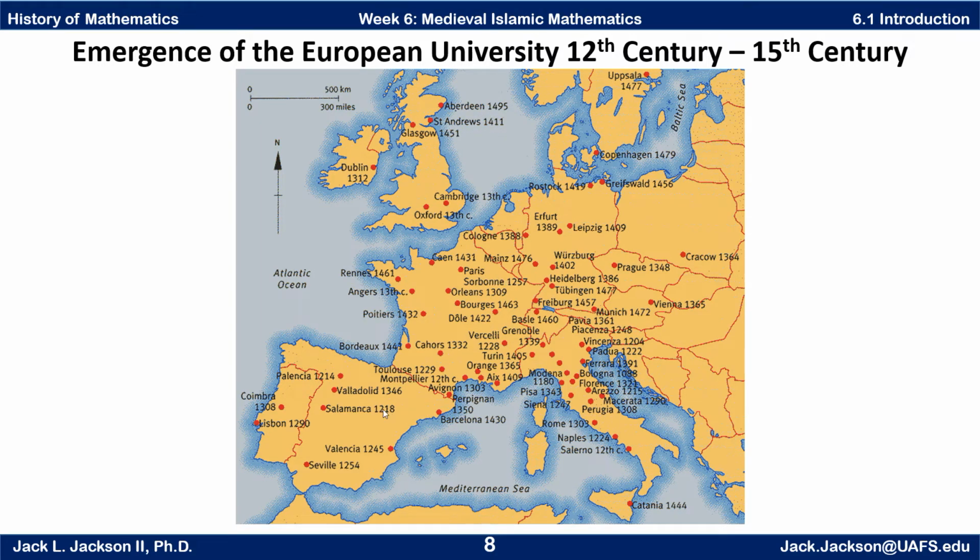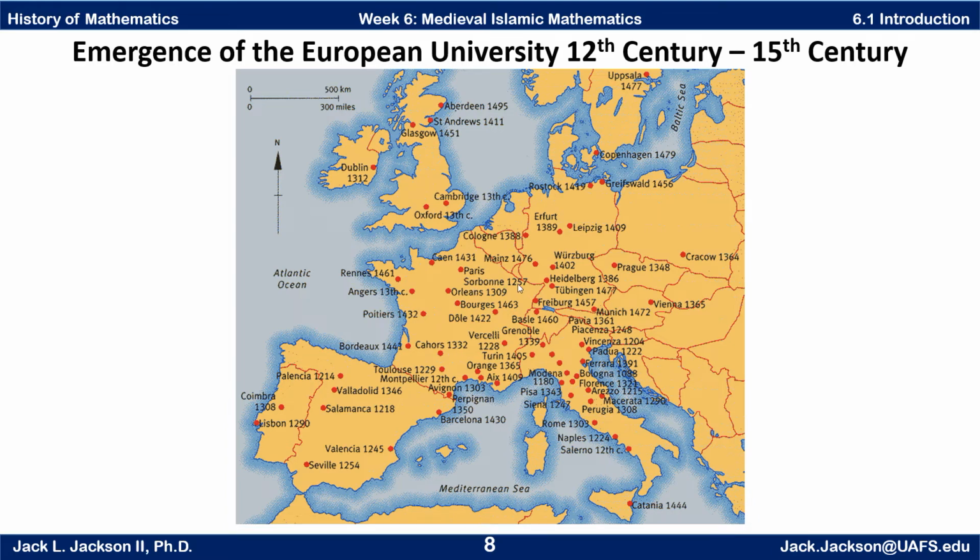Let's see where are some other interesting ones. Down here in Spain, you see some in the 13th century. Italy, there's some earlier ones. There's a 12th century one there. Naples there, Rome, for early 14th century, Pisa, 14th century. Different places there as well.